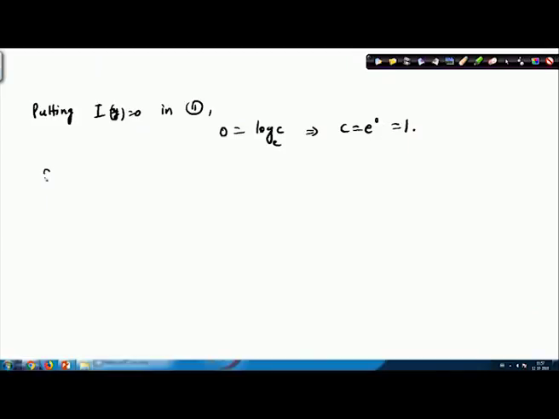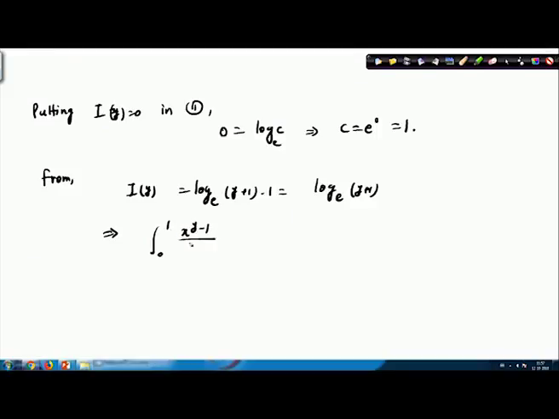So, from 2 we have I(y) equals log of (y plus 1) times c, and c is 1. So, this is log of (y plus 1), and I(y) is nothing but our given integral. So, this is what we started with, equals log of y plus 1 to the base e, and this is what we needed to prove.